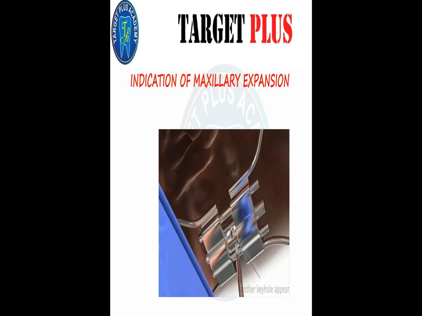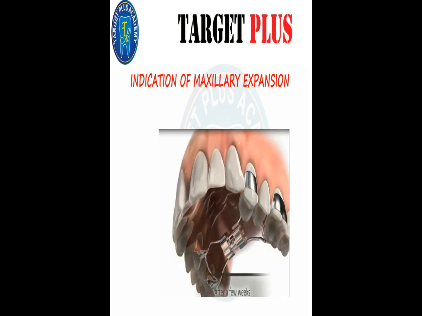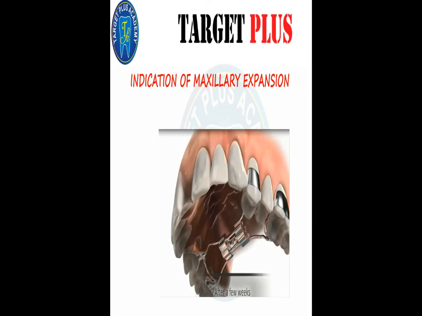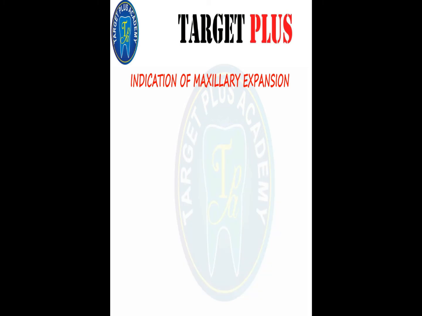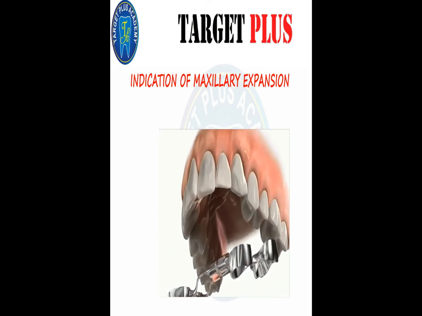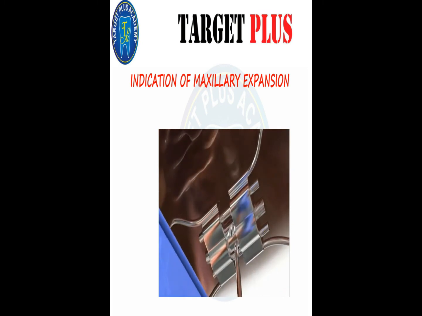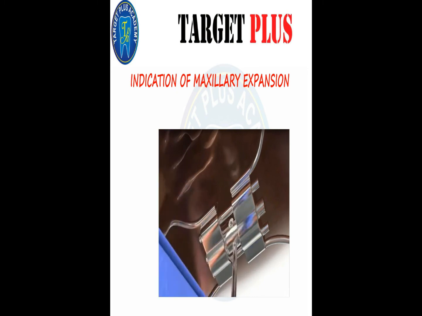Now, according to Timms, he has suggested activation of 90 degrees morning and evening for patients up to age 15 years. In patients above this age, he suggested an activation of 45 degrees 4 times a day, whereas Isaacson recommended 2 turns per day initially for 4 to 5 days, followed by 1 turn in a growing individual.